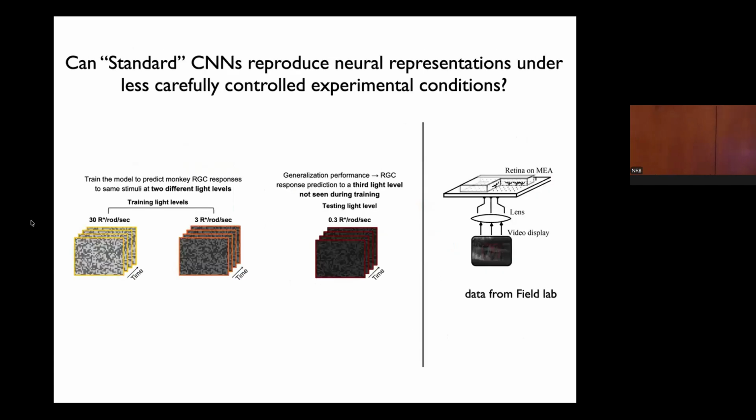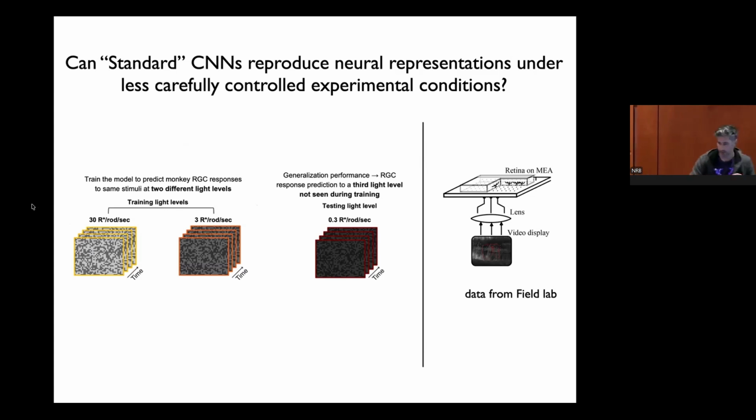Okay, so to understand if this is an issue for the kinds of models we've been building, we took the same movie, which in this case is little flickering white and black checkers. And we presented it to the retina at 3 different light levels shown here. These units of R star are a measure of the rate at which the photoreceptors capture photons.